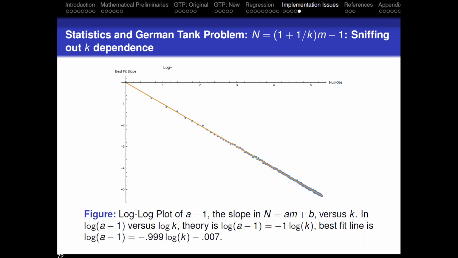So essentially, 0 for that b, and we're really seeing that -1 for the slope. So what's wonderful here is that even if you didn't know initially that it was going to be a relationship like 1 plus 1 over k times m, we are led to that by looking at the data.